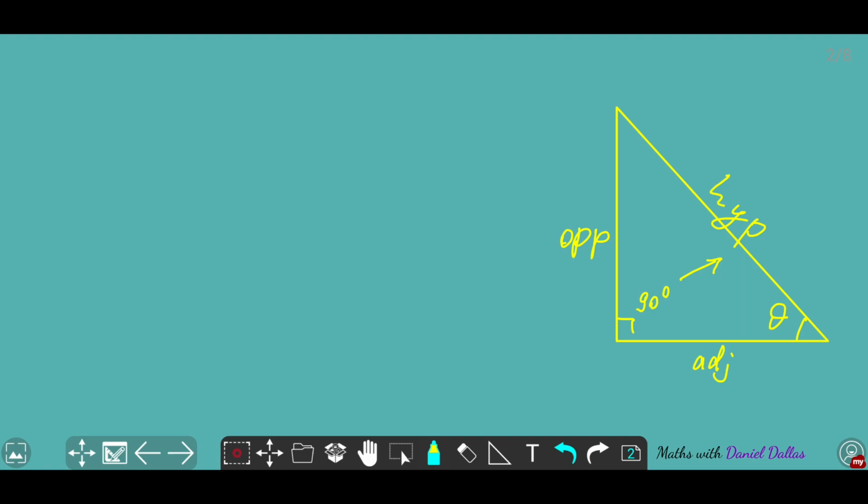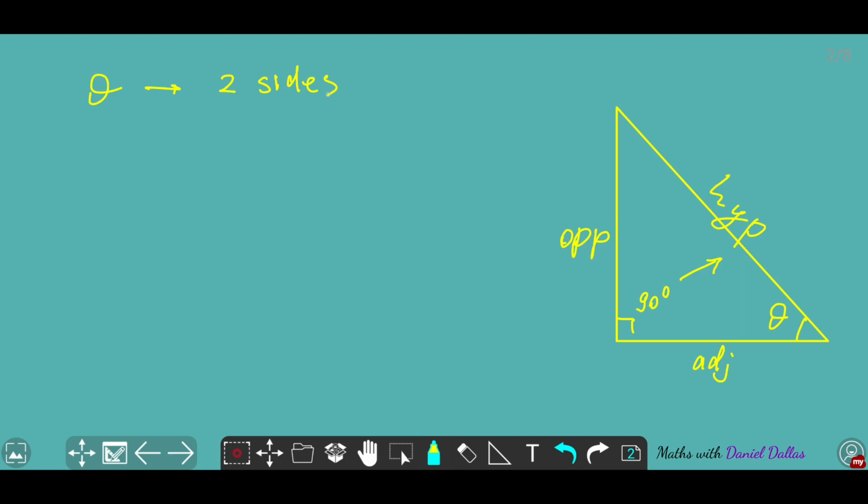Okay, so what's next? The next part is to set up trig ratios. Trig ratios connect, every time, the angle with 2 other sides. So that means trig ratios always connect angle theta and 2 sides. You always need to remember that.